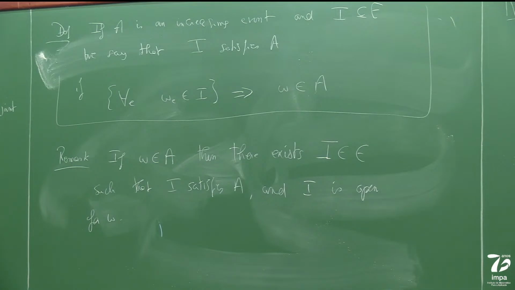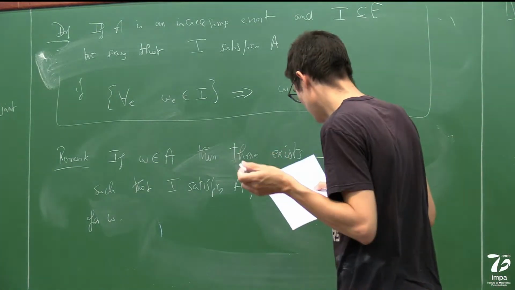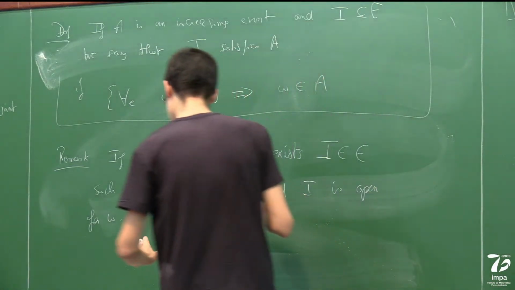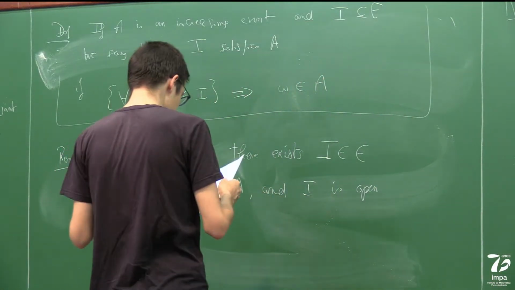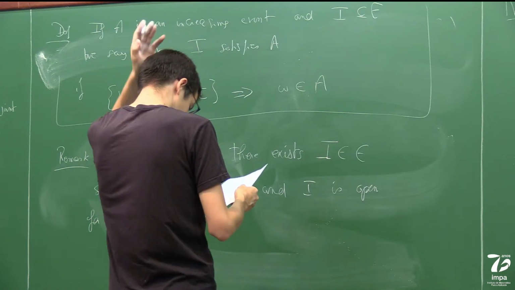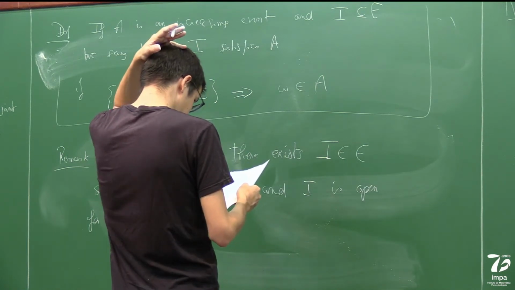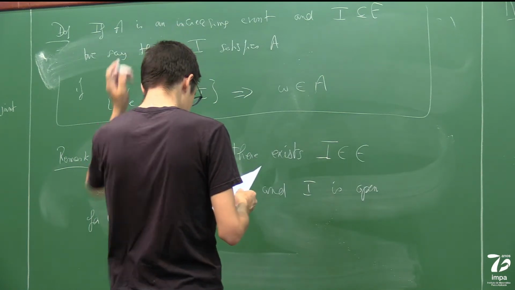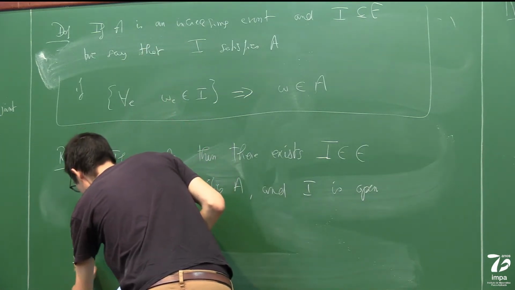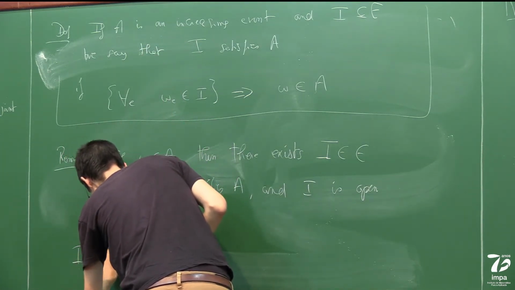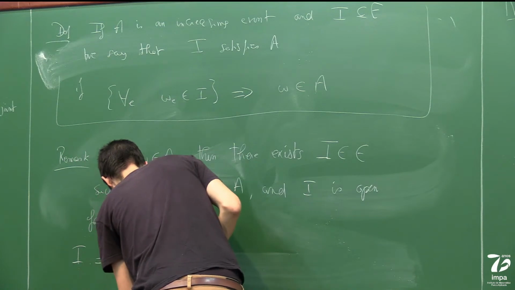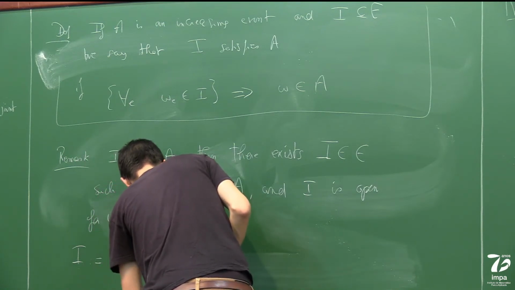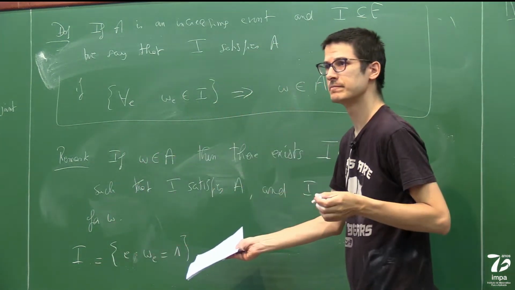So, okay, one solution. Well, I guess it's the only solution in this generality. We just take I to be the set of E such that omega E is equal to 1. Okay, the set of open edges for omega.